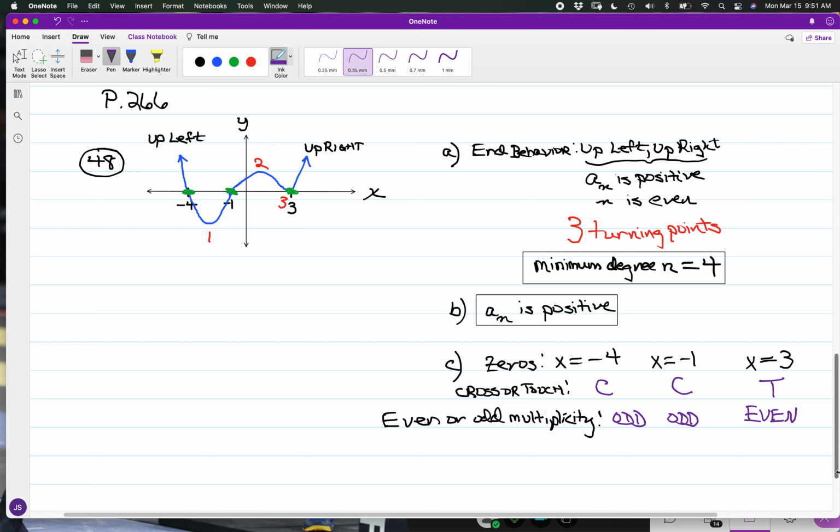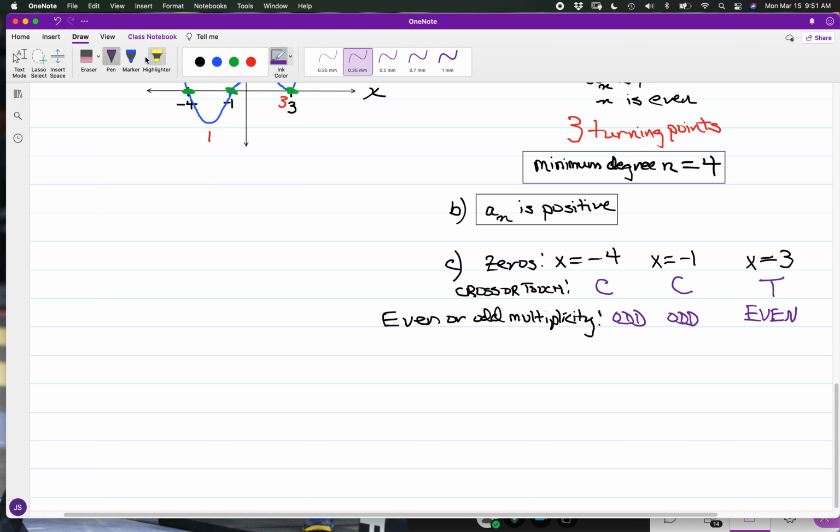Now, looking at the combined features, if we look ahead on page 59, we have a function f of x equal to x cubed minus 5x squared.